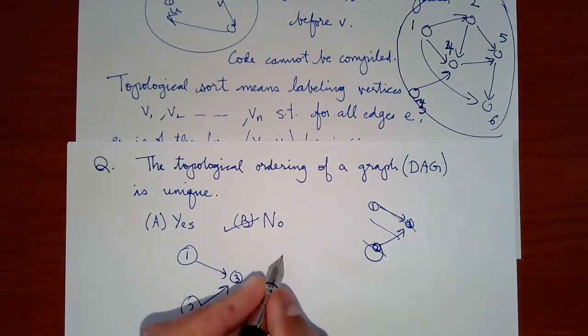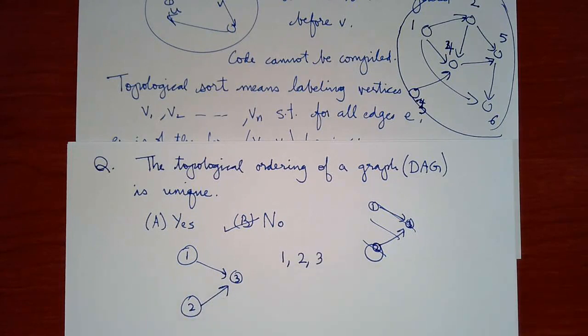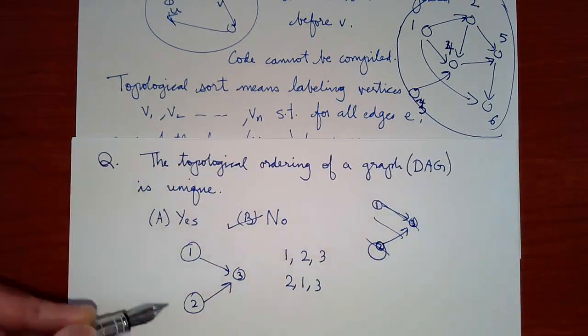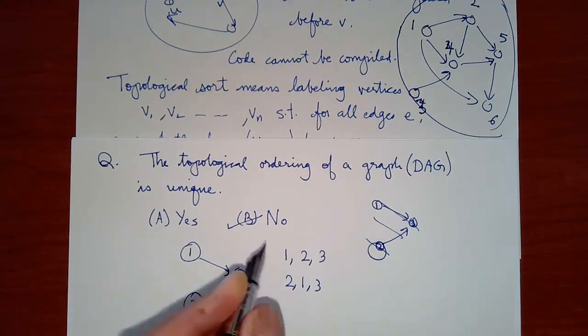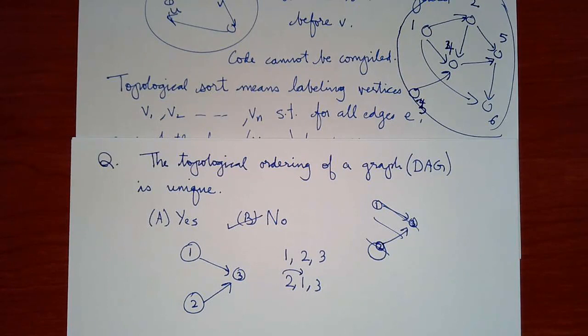So here are topological orderings. 1, 2, 3 is a valid topological ordering. So is the ordering 2, 1, 3. These are both valid topological orderings, meaning that from earlier in the order to later in the order, all the edges point that way. There's no edge from 2 to 1, but there's one from 2 to 3 and 1 to 3. 1, 3, 2 is not a topological ordering.